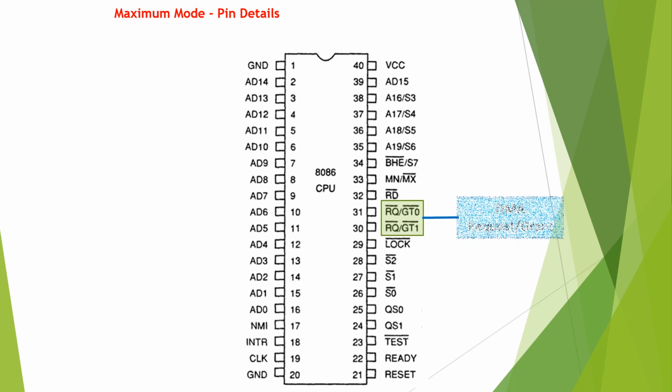The next pins are the request and grant pins, that is DMA request and grant. These pins are used by the other local bus masters in the maximum mode, and are used to force the processor to release the local bus at the end of the processor's current bus cycle. Both of the pins are bidirectional.